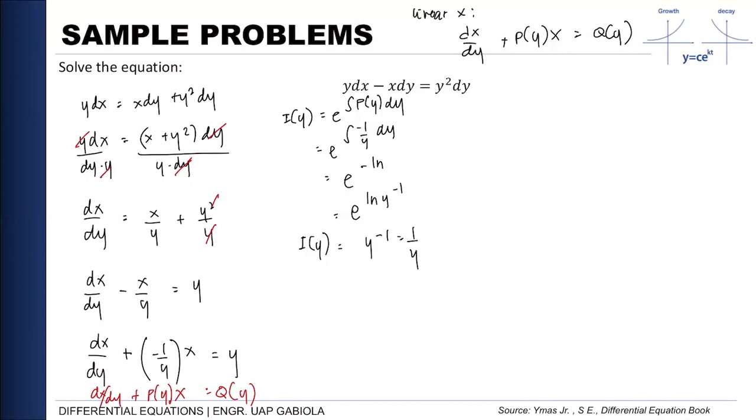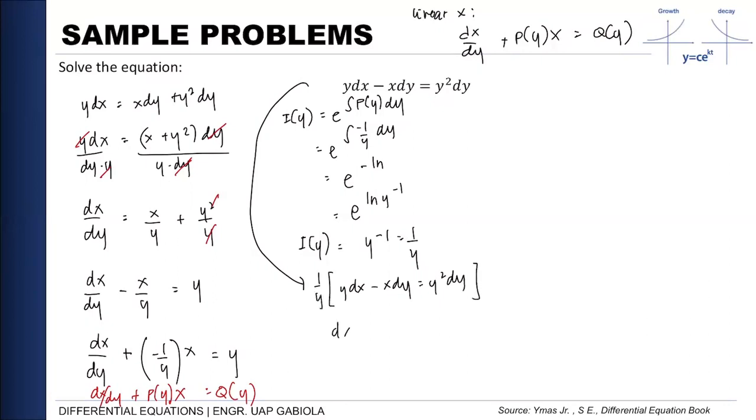Okay? So, pwede puntahan natin yung original one. Original equation natin. So, y dx minus x dy equals to y squared dy. So, multiply natin ang integrating factor na 1 over y.